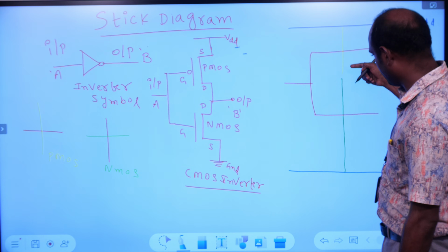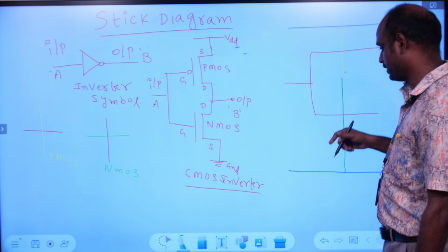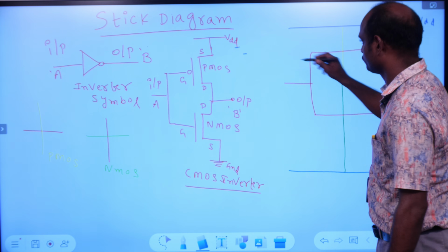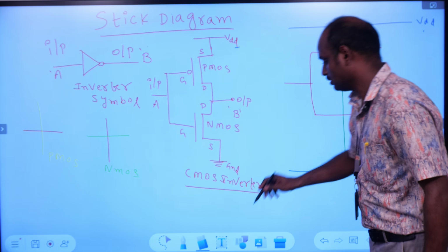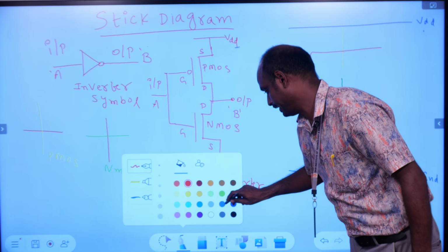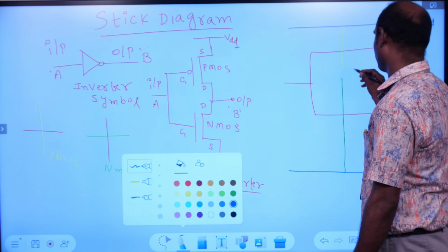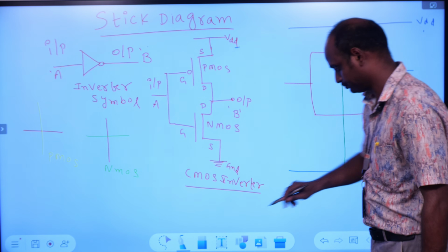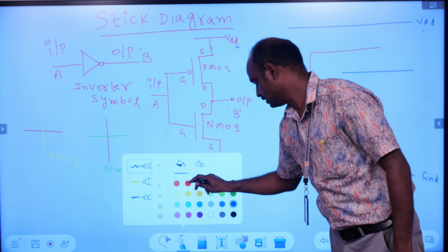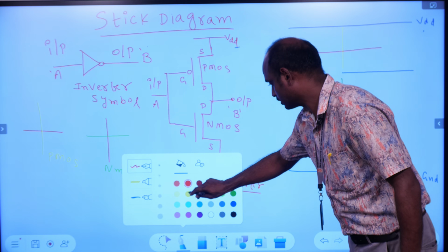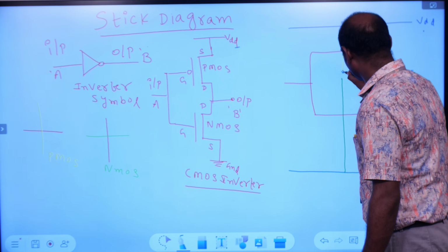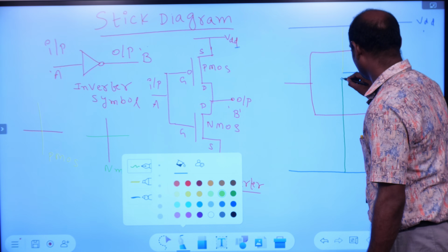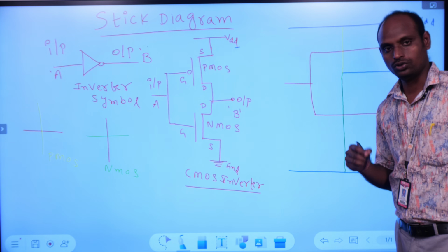And as the P diffusion and N diffusion are different layers, we have to connect both by using a metal contact. So we will take one more metal. This is the output. Let us join these yellow color and green. So this is yellow. Next this is the green. So two diffusions are connected together. So this is one way to draw.